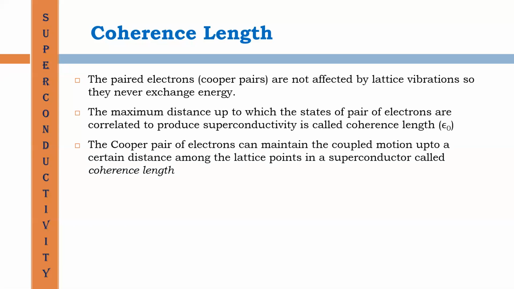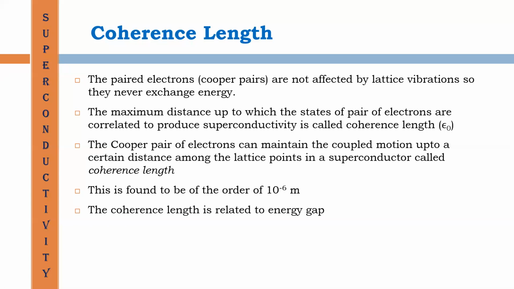The Cooper pair of electrons can maintain the coupled motion up to a certain distance among the lattice points in a superconductor, called the coherence length. This is found to be of the order of 10 raised to -6 meter.